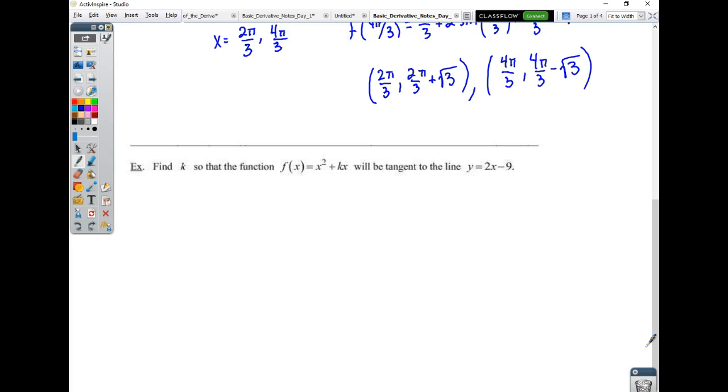So make f of x its derivative. Is that what you said? So what would that be? So you said take the derivative of f of x, which would be 2x plus k. And you wanted to do what with that?